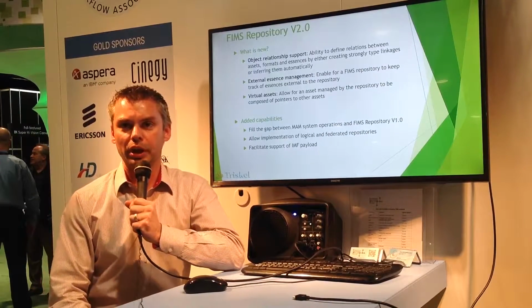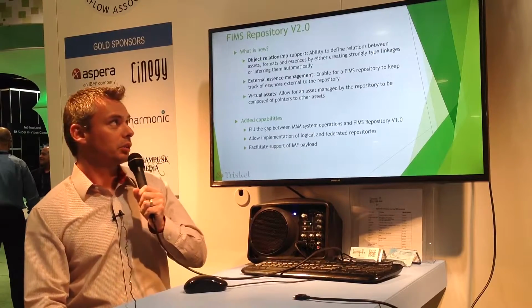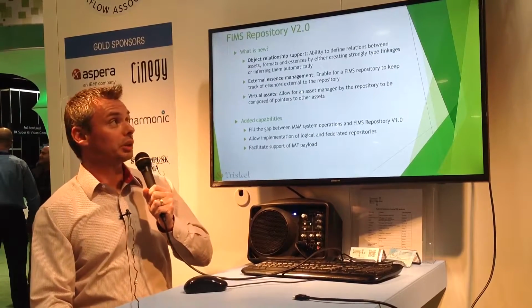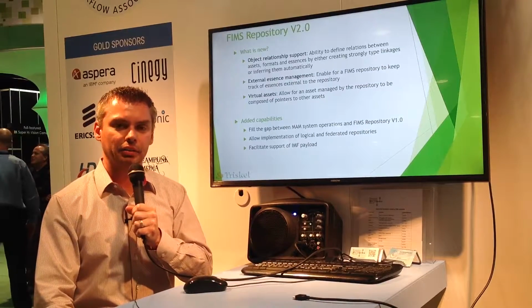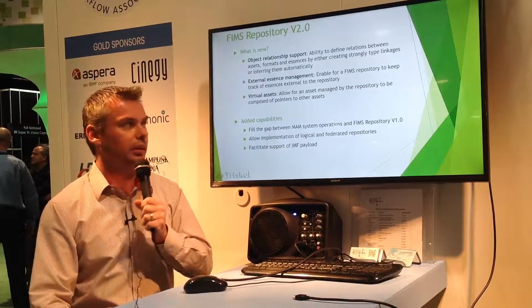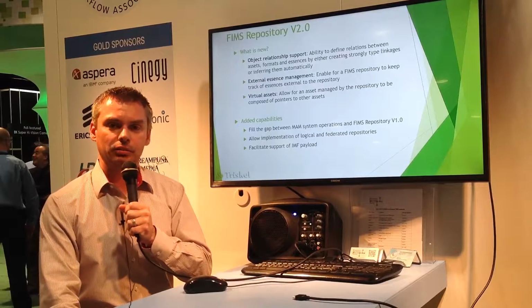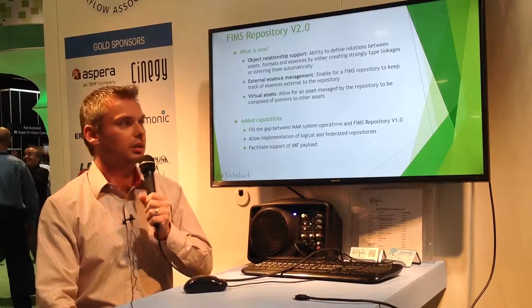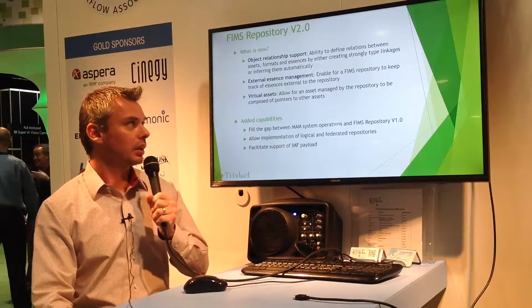For version 1.2, we're adding some new capabilities to the interface. We're starting by adding the object relationship support. That's really providing the feature sets that enable linkage of assets together, and I'm going to go into those details. We're also adding new features to manage external essences to the repository.